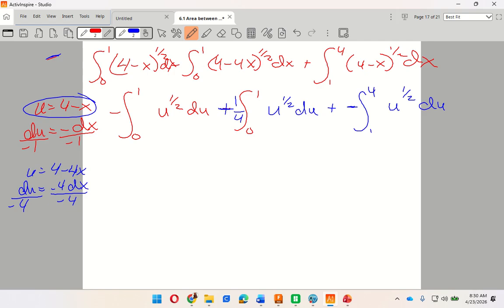It's the same function, it's just my bounds change on that last one. All right, so integrate u to the 3 over 2 times 2 over 3 from, and this is a negative.